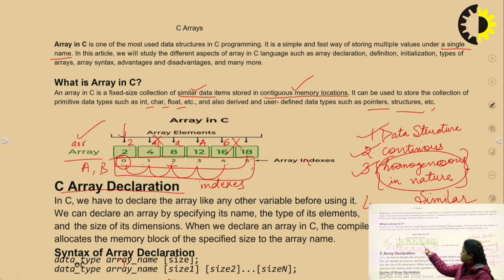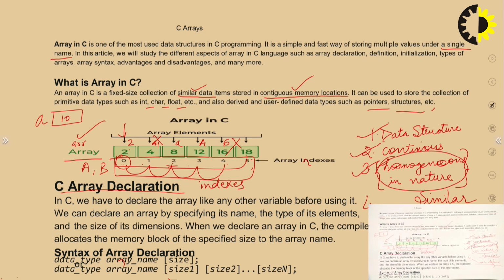How do we declare this array? Previously you have learned about variables where you store the data. Under a single variable you can store only a single element.